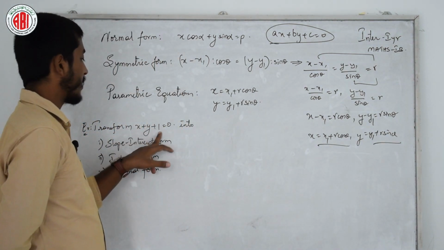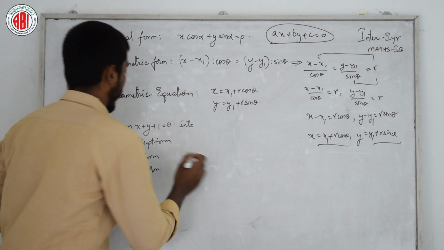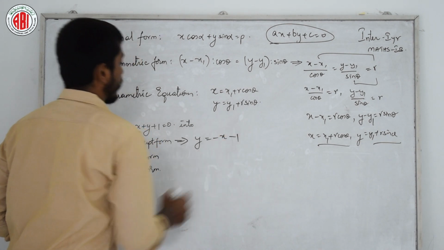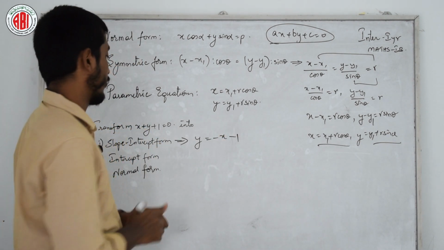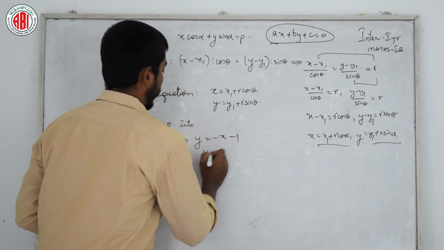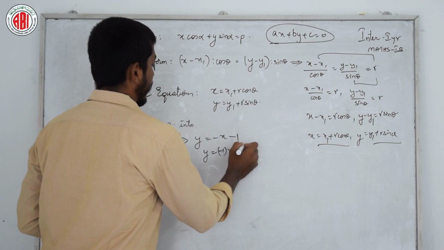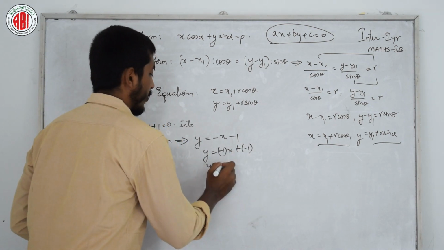See here, x plus y plus 1 equal to 0, right? Let us keep this y on this side only and transfer the remaining two terms to the right-hand side. Is it clear? Yes or no? For better simplification, let us write it as minus 1 into x plus minus 1. Is it similar to the form y equal to mx plus c?